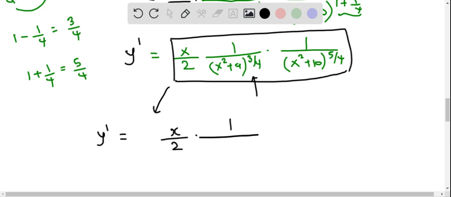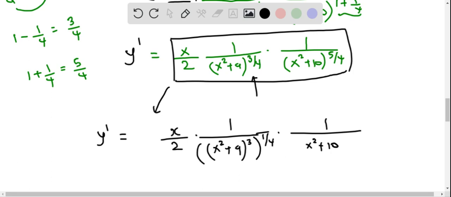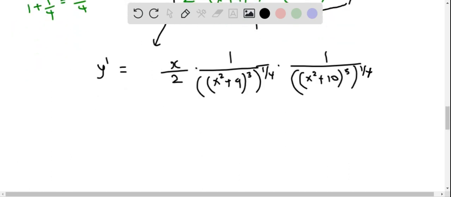I'm going to rewrite this as (x squared plus 9) raised to the power of 3, and once again raised to the power of 1/4. And similarly, I do the same thing for the other term, that is x squared plus 10. This 5/4, I can write as raised to the power of 5, once again raised to the power of 1/4.